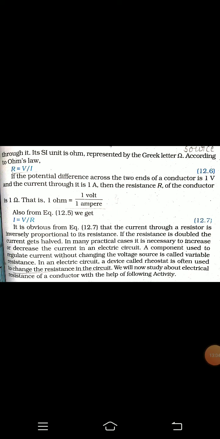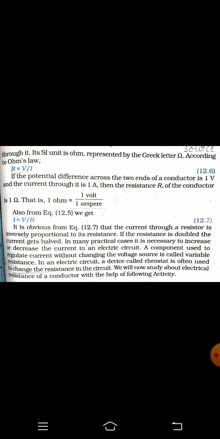Now here is a new word for you, that is rheostat. What is it? It is a variable resistance. Variable resistance means the value of resistance can be changed. It is a component used to regulate current without changing the source of voltage. For example, for any electric circuit, we have taken the potential difference as a 9-volt battery.